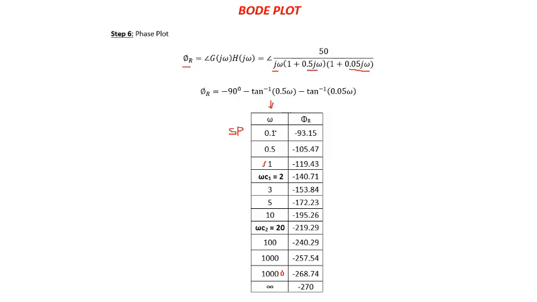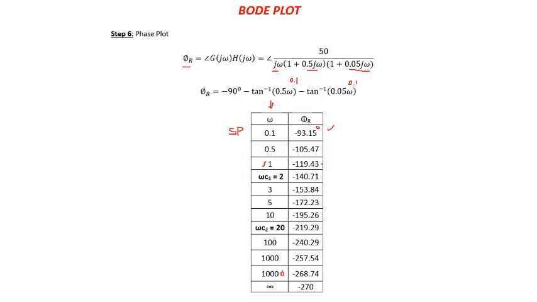So for example, minus 90 degrees minus tan inverse 0.5 omega. If I substitute omega as 0.1, then when we calculate we get minus 93.15 degrees. Everything will be in degrees, so correspondingly all values will be in degrees. Next, for 0.5 in place of 0.1, if you put it in the calculator we get minus 105.57.